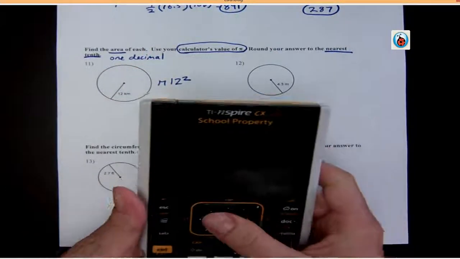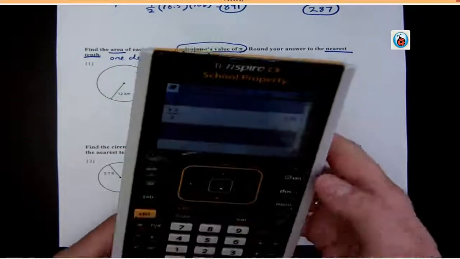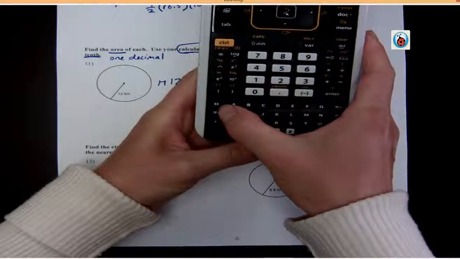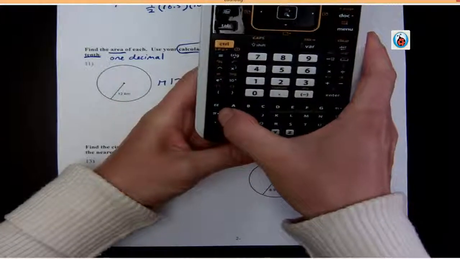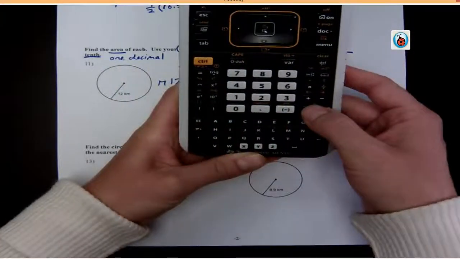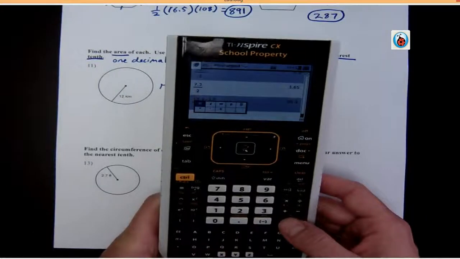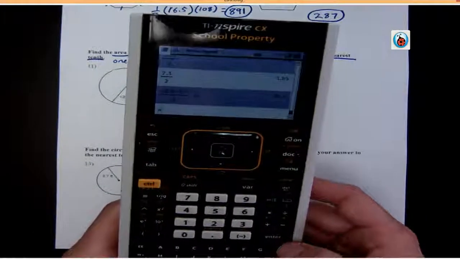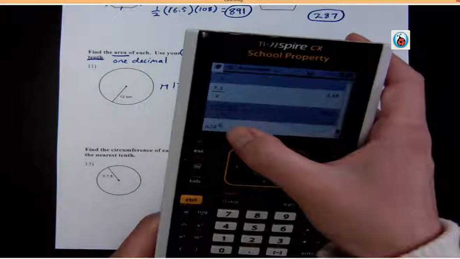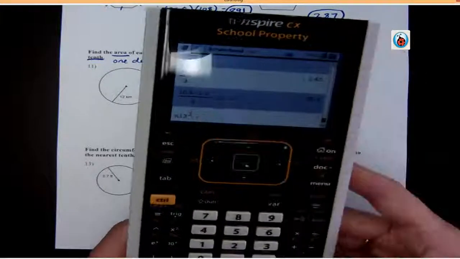So that means in these calculators that we use in class, the pi button is down here, right above the comma at the bottom. So I can type in just pi. It's going to pop up with a symbol, and I push enter, and then type in 12 squared. So I'm typing it in exactly the way I wrote it on the page.